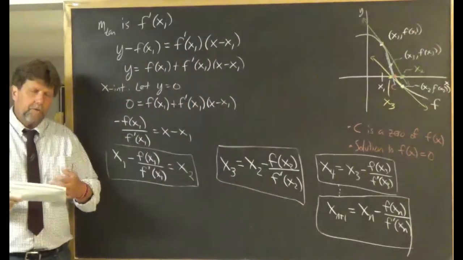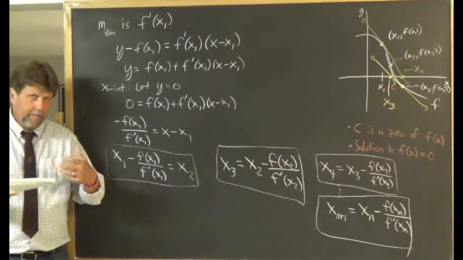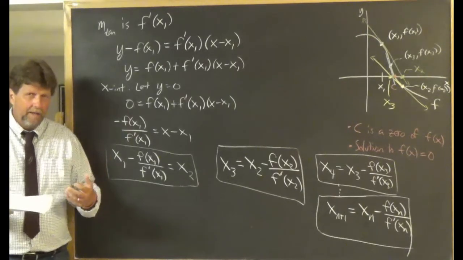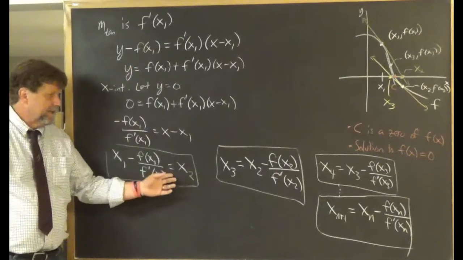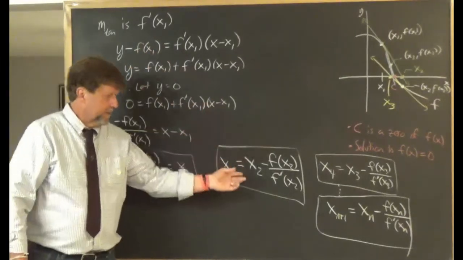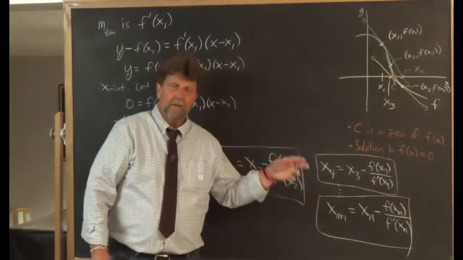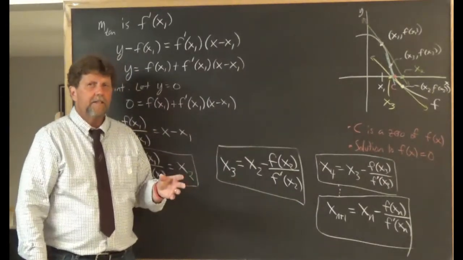So what we're going to do is head back to the slides, and I'll mention this when we get back, because we went through the process, and then we would just keep repeating the same process to get x sub 3, x sub 4, x sub 5, etc. We just keep repeating the exact same process.